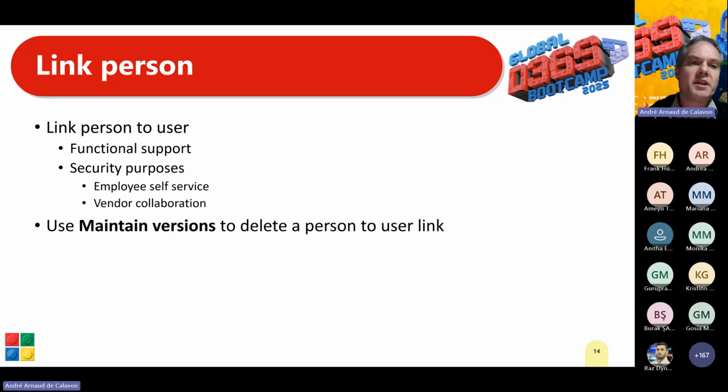There was one slide before the demo, so I already talked about it. If you want to link a person to a user, there is some functional support in the application that he knows what is your record, but also for security purposes, there are some out-of-the-box policies like employee self-service and vendor collaboration that such users will not see all records.